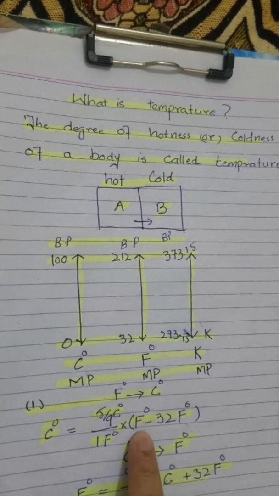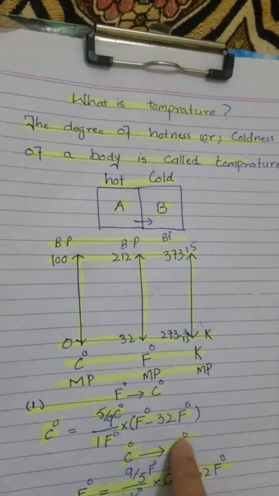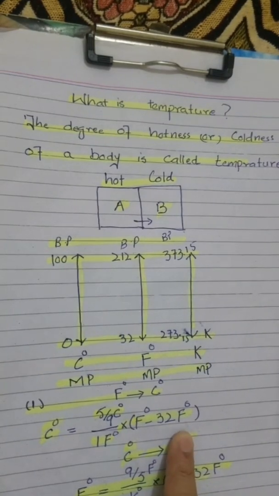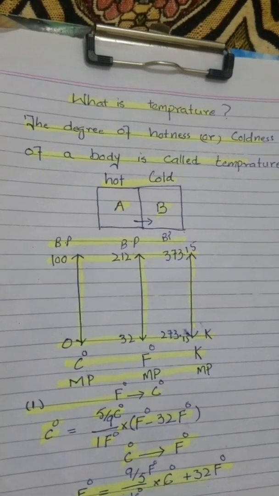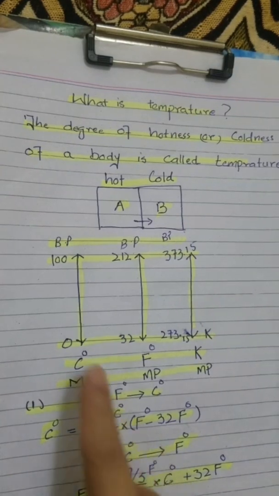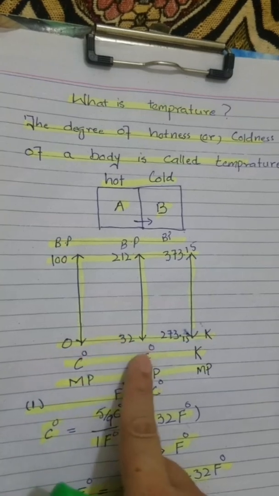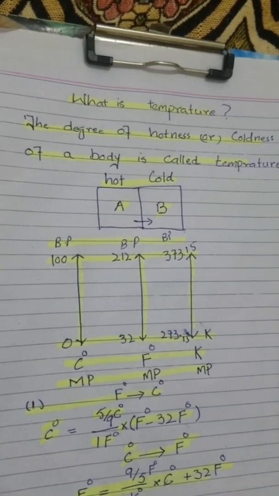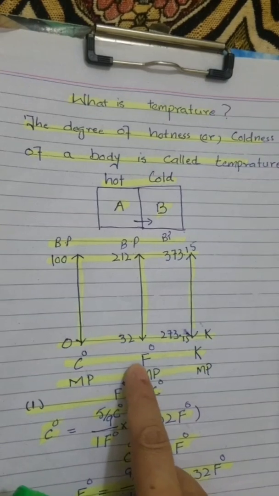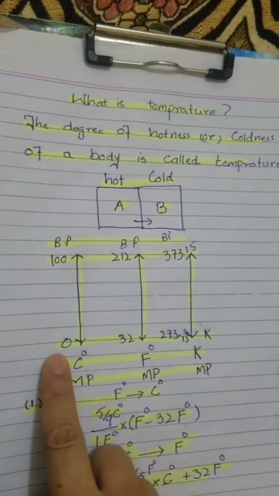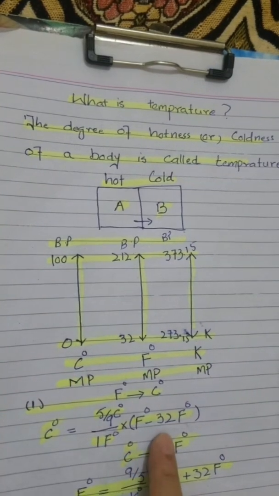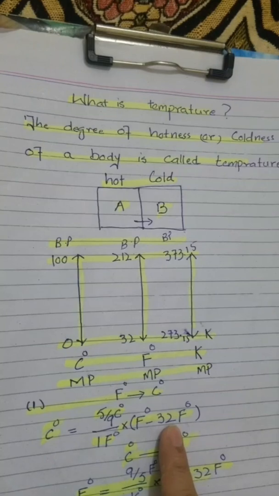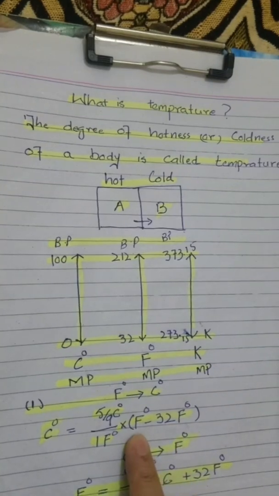We subtract 32 degrees Fahrenheit from this because we want to convert it into the centigrade scale. Why do we subtract this? Because the melting point on the Fahrenheit scale is 32 degrees Fahrenheit higher than on the centigrade scale, which is 0 degrees centigrade. That's why we subtract 32 degrees Fahrenheit from the given value of Fahrenheit.